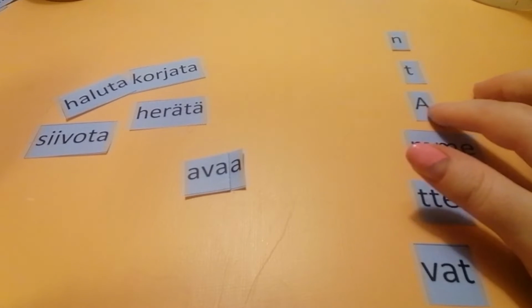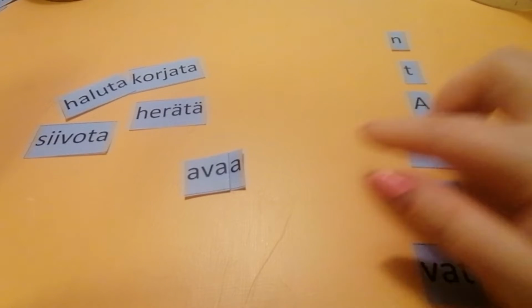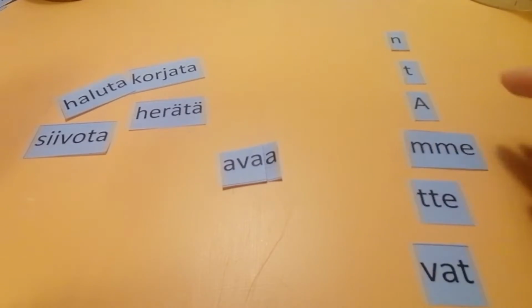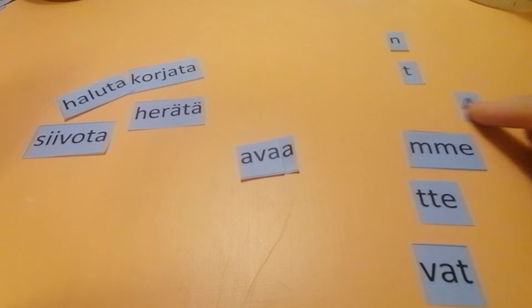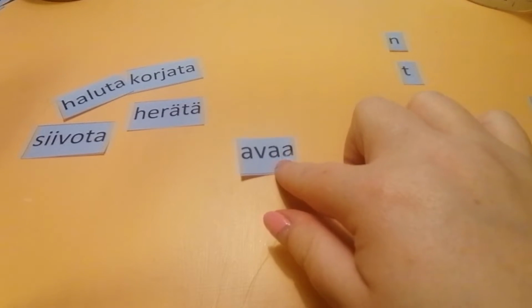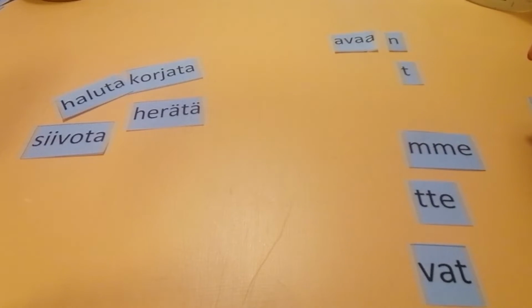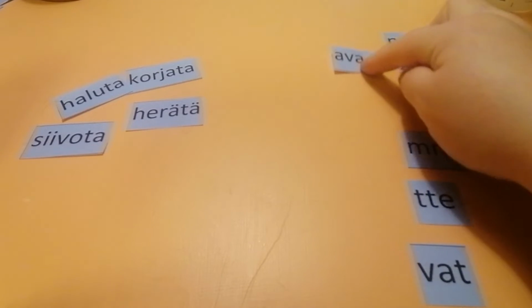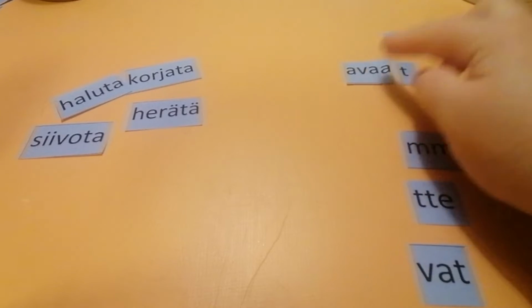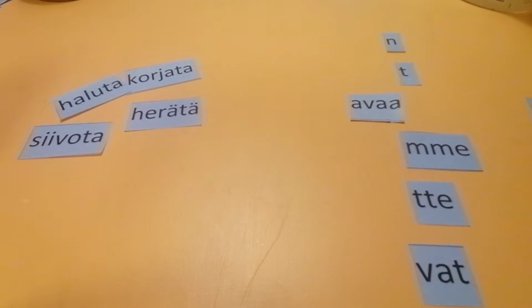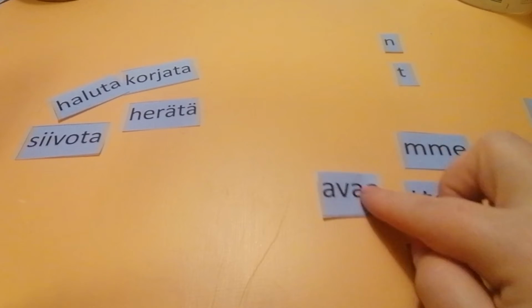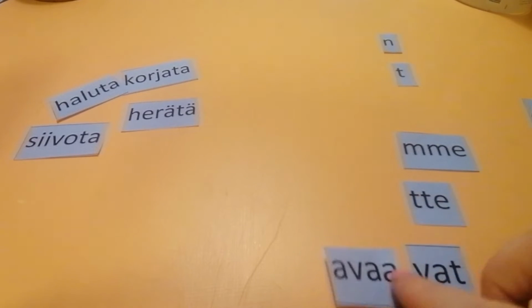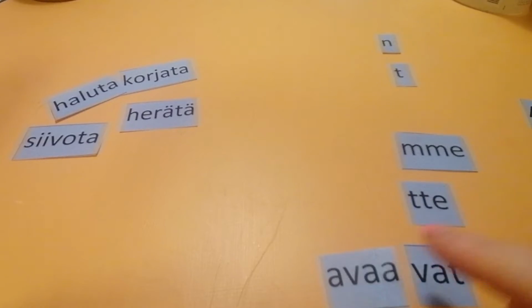And this one we don't need with the verbs with already two A's here, so I will put it to the side. So this is the body, and just now we can add the endings. Minä avaan, sinä avaat, hän avaa, so this one is empty. Me avaamme, te avaatte, he avaavat.